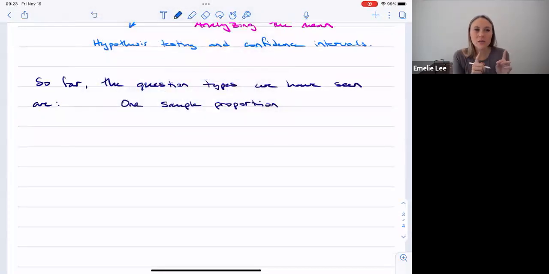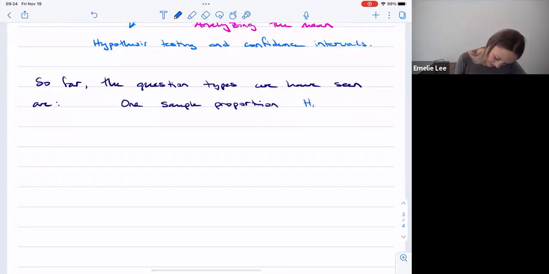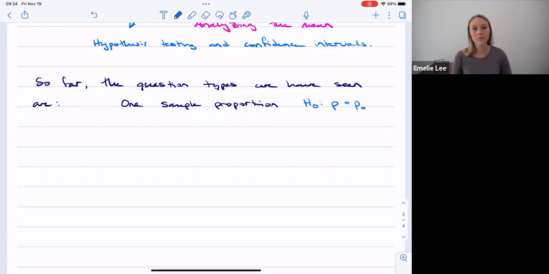What I'm going to do is show the null hypothesis beside each of them, because that shows us what's happening. So one sample proportion: I'm comparing a proportion to some hypothesized proportion, and so H naught is that P equals some P naught, some null value.